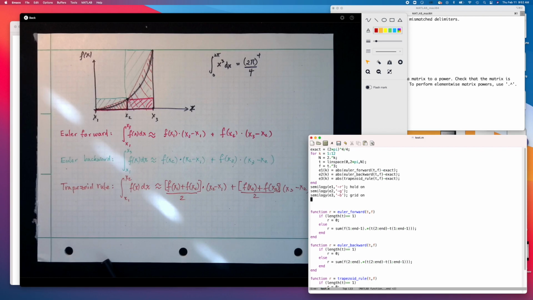Let's do grid on, make the font size big.